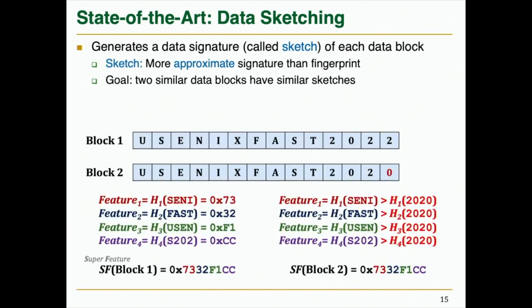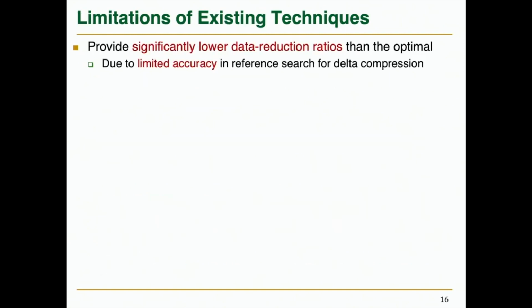For example, the state-of-the-art technique, which we call a super feature-based approach, can generate the same hash values for two data blocks that have a small difference from each other. This enables a quick identification of similar data blocks by comparing the sketches of data blocks.